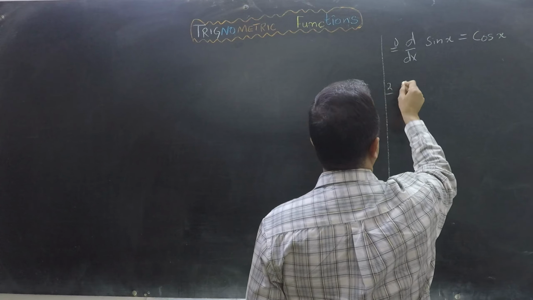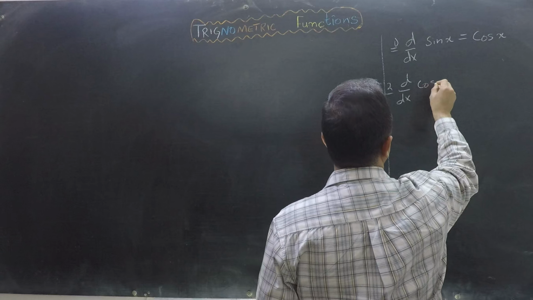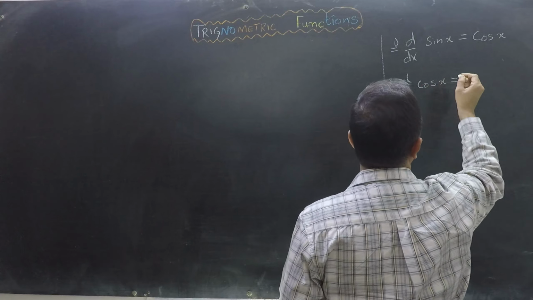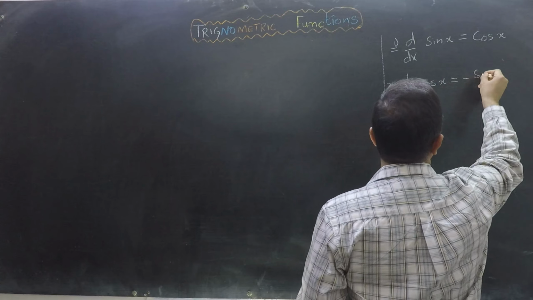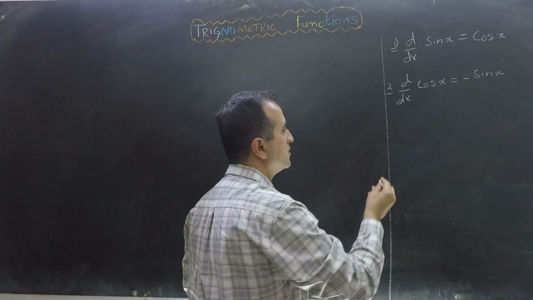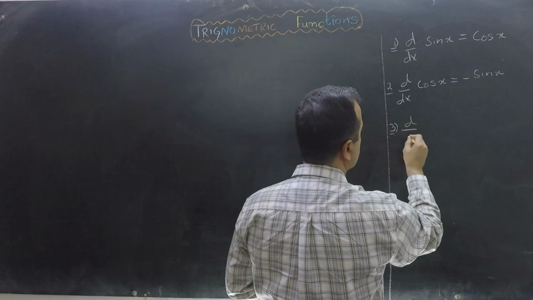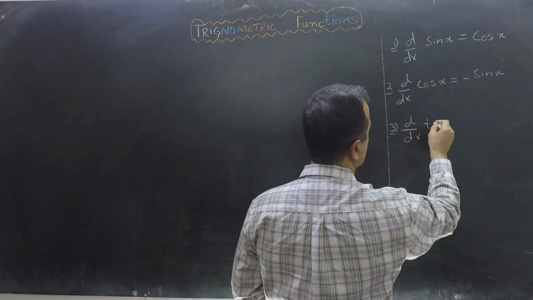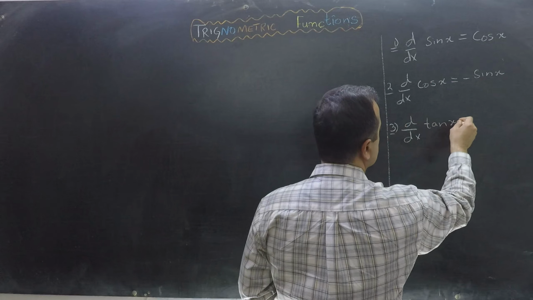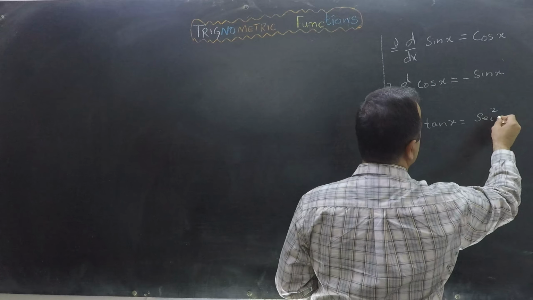Derivative of cos x is equal to minus sin x, and using both of those we can find that derivative of tan x is equal to secant square x.